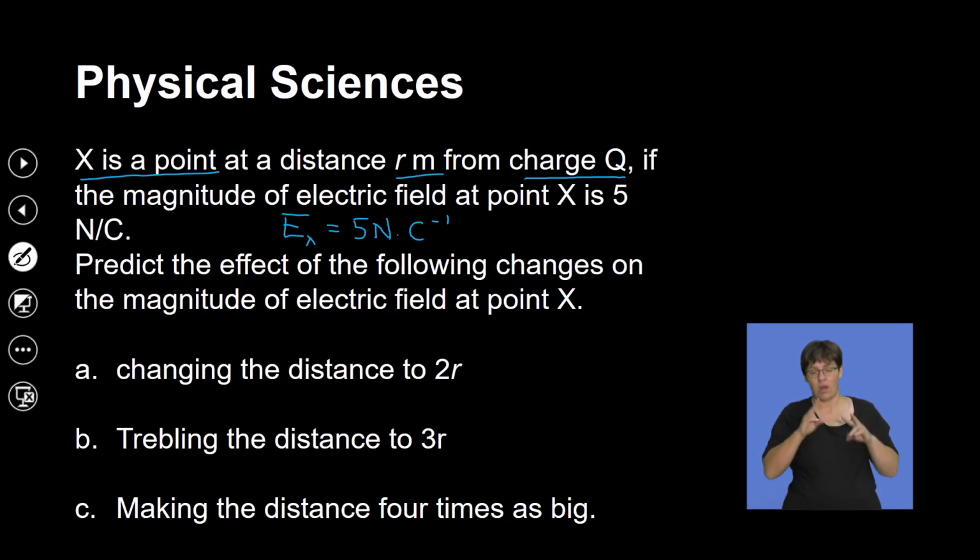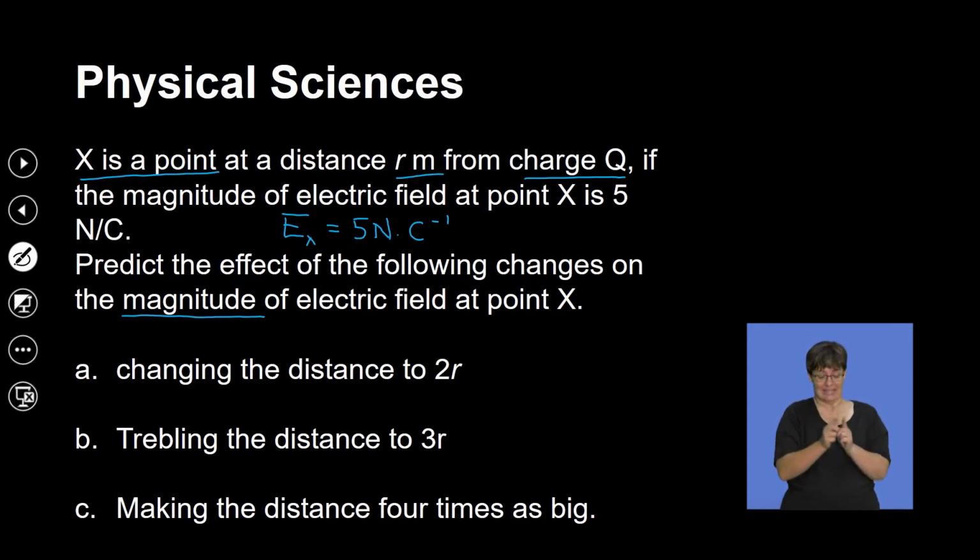Now we just want to explore some understanding of the concept of electric field at a point. It says here, predict the effect of the following changes on the magnitude of electric field. Our focus for now is the magnitude. What if we change the distance to 2r?